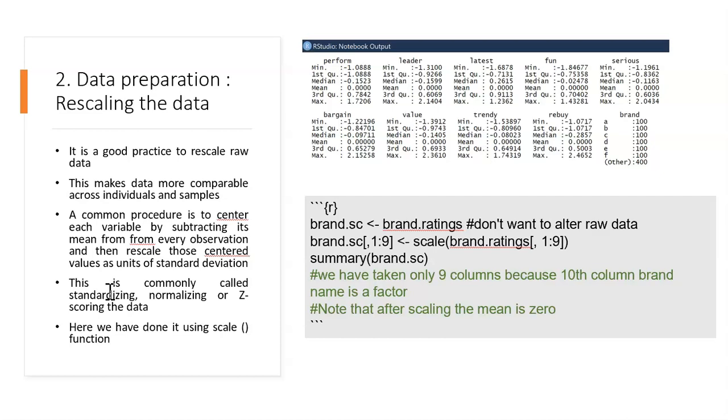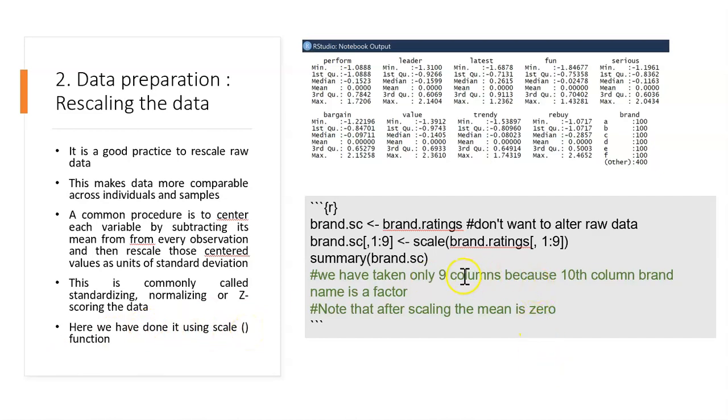Basically, we subtract the mean and divide by standard deviation. This is commonly called standardizing, normalizing, or z-scoring the data. We have already done this in market segmentation as well. And like I said, we have done it using the scale function.